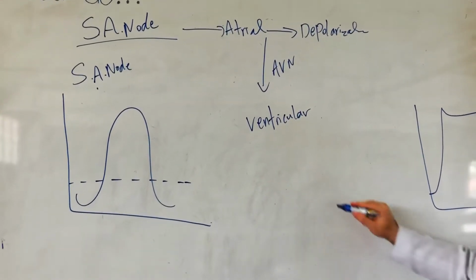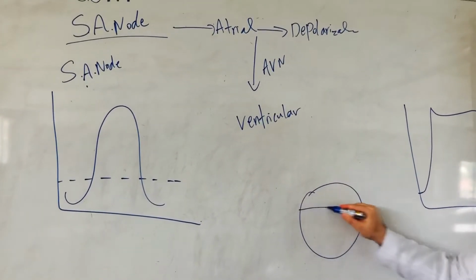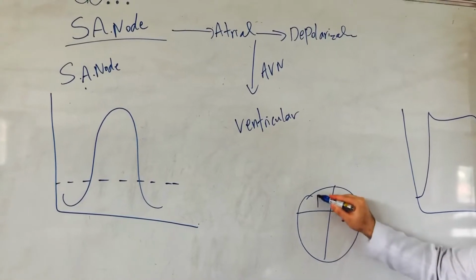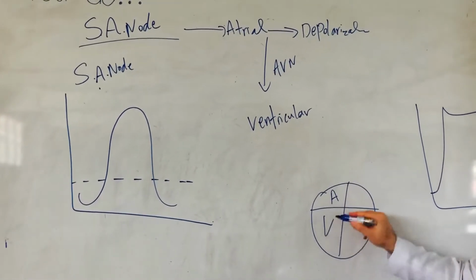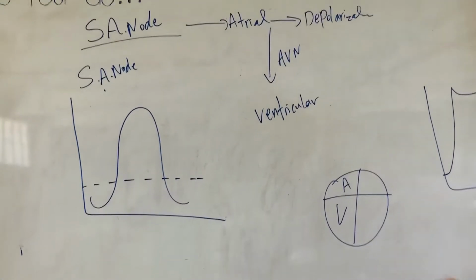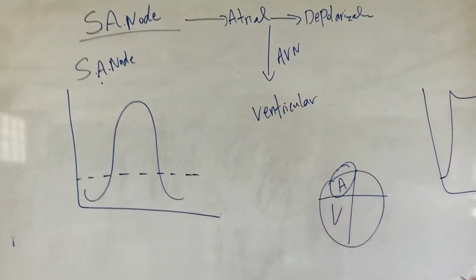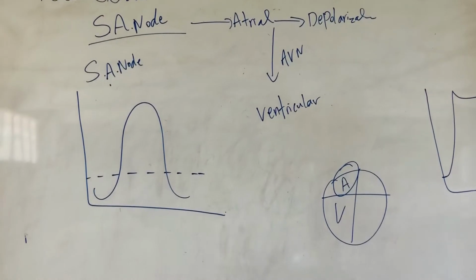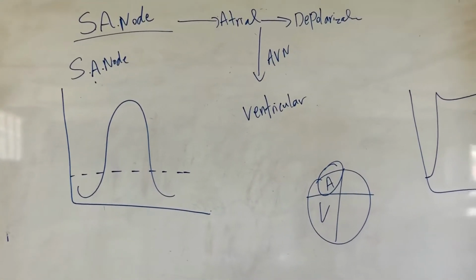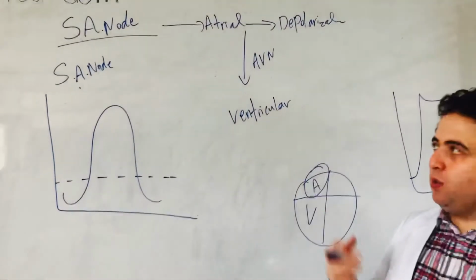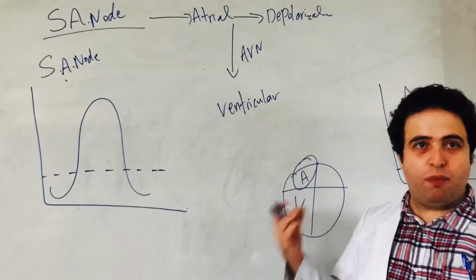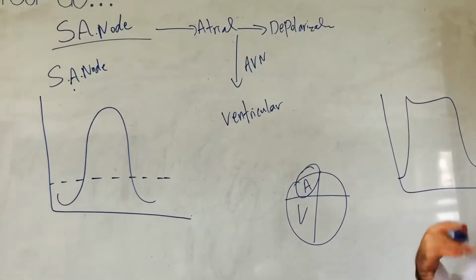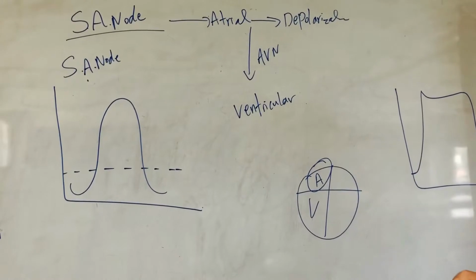Again, recall that my cardiac muscle is composed of atrium and ventricle. So now we are talking about atrial action potential, which is known as SA node action potential. The same thing will happen also, the movements of ions, the same ions: sodium, potassium and calcium.